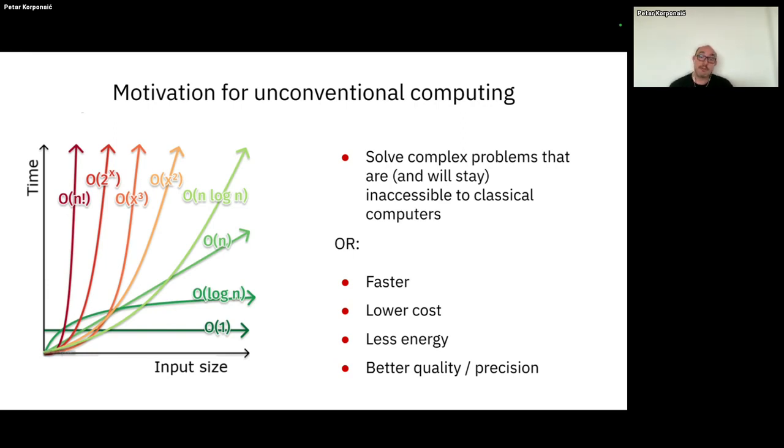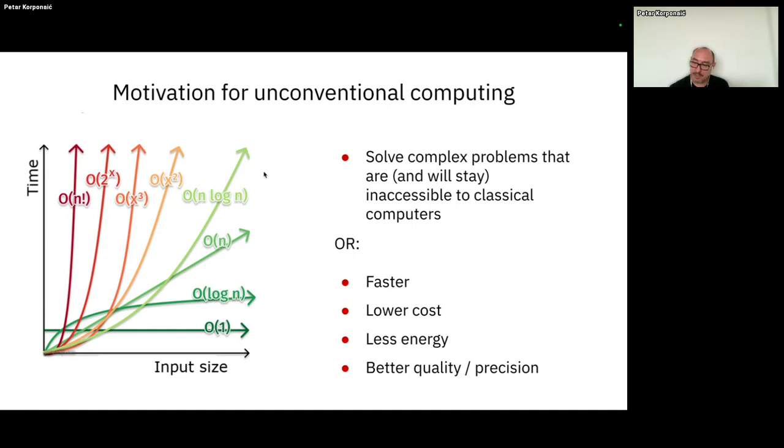So we have very, very complex problems, and this is happening in every industry. And in order for humankind to move forward, for progress to move forward, we need to solve those hard computational problems. This is the main motivation.